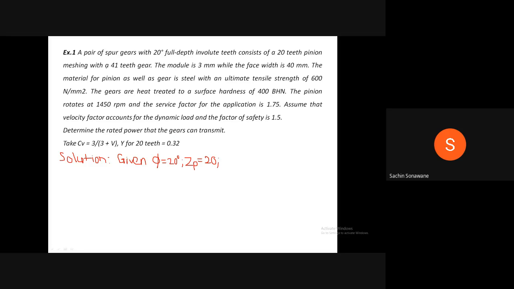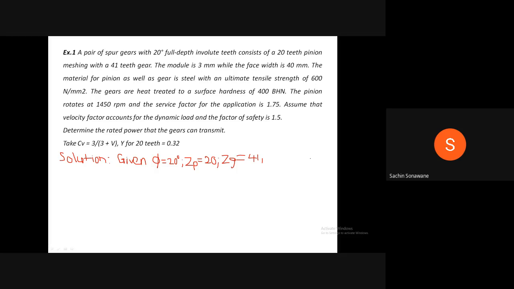Then next, they have given us meshing with a 41 teeth gear. Therefore, number of teeth on gear they have provided. Write down ZG, ZG is equal to 41. Now, the module is 3 mm and face width is 40 mm.